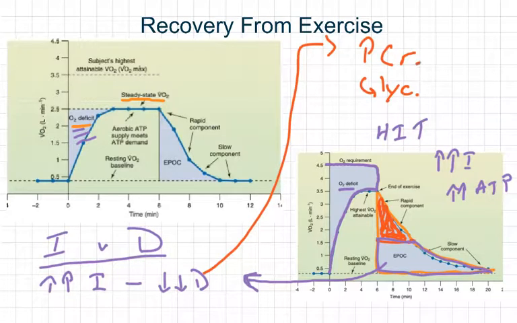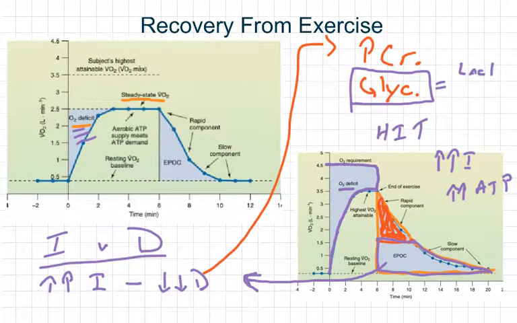Especially with the anaerobic glycolytic pathway, the one byproduct that we see with this is lactate and hydrogen ions. Because again, the pyruvate that is created at the end of the anaerobic glycolytic pathway is converted into lactate and the hydrogen ion due to the enzyme lactate dehydrogenase.